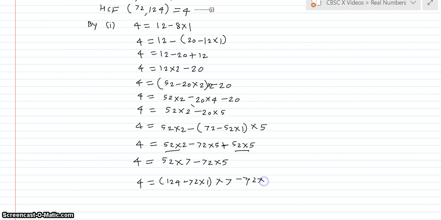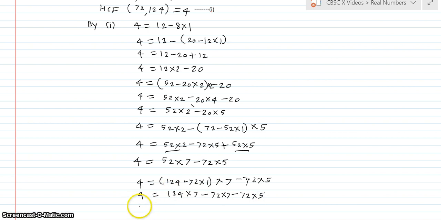Okay, so this can be written as 4 is equal to what, now 124 into 7 minus 72 into 7 minus 72 into 5.